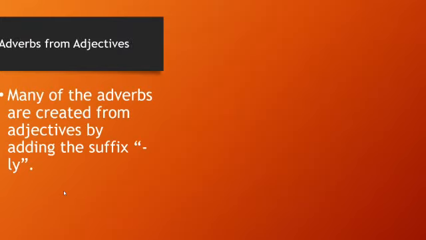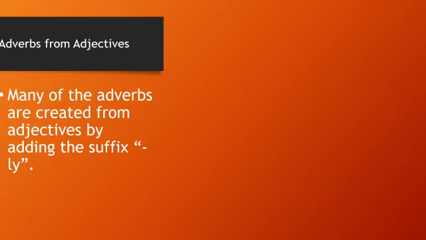Here the next thing is how we can form adverbs. The simple way to form adverbs is to modify the adjectives by adding a simple suffix ly. By adding the suffix ly to the adjectives, we can make a new adverb. Many of the adverbs are created from adjectives by adding the suffix ly.